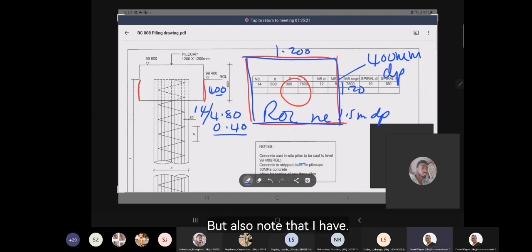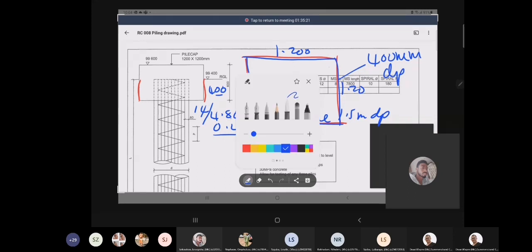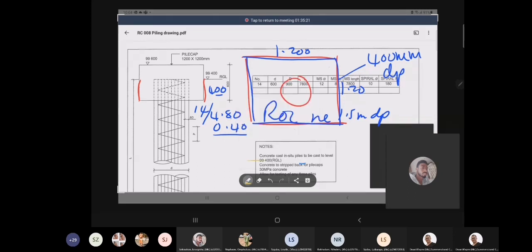But I also note that I have above the ground, I have formwork that needs to go in there. And that height there is 200 millimeter.